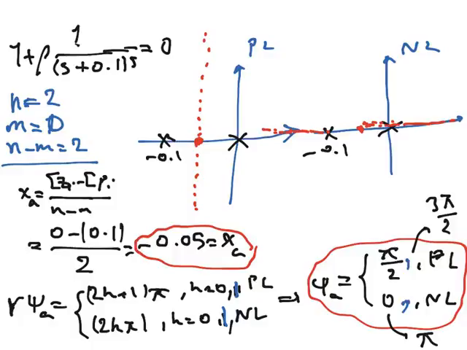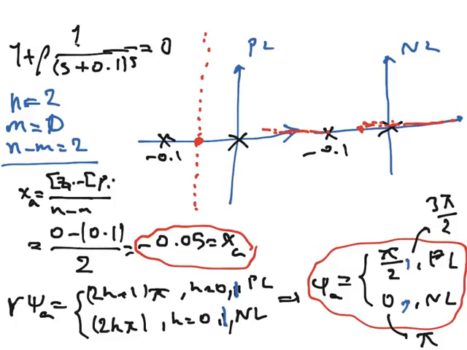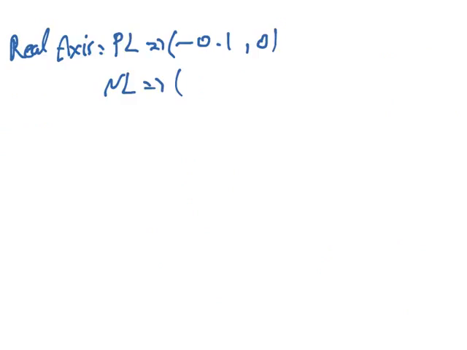In this case, the part of the real axis between 0 and minus 0.1 belongs to the root locus, so it's between minus 0.1 and 0 in the case of positive locus. And for negative locus, we need to have an even number of poles and zeros on the right hand side, so it is from 0 to infinity, and it's from minus infinity to minus 0.1.